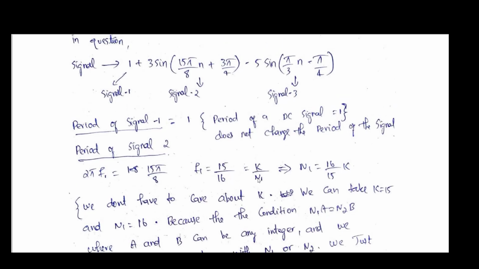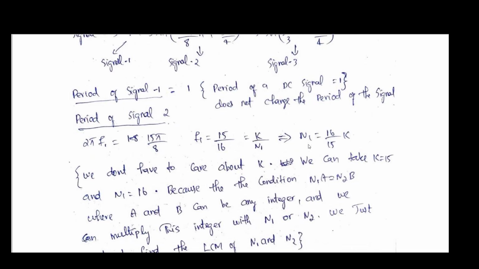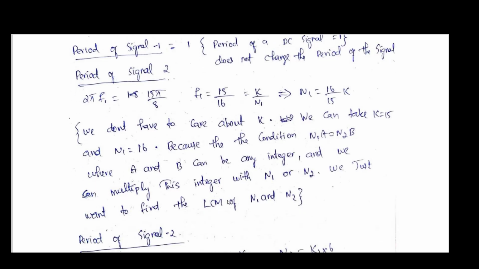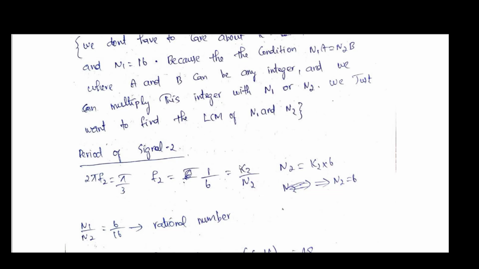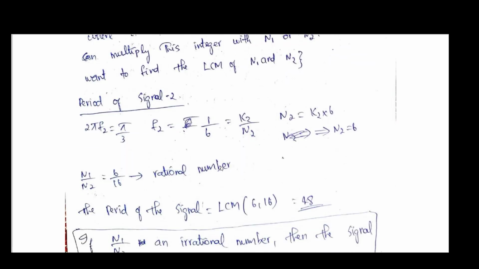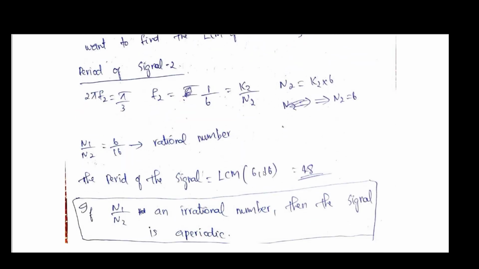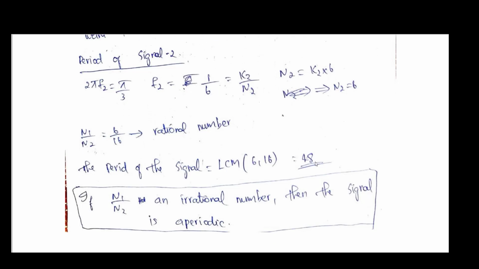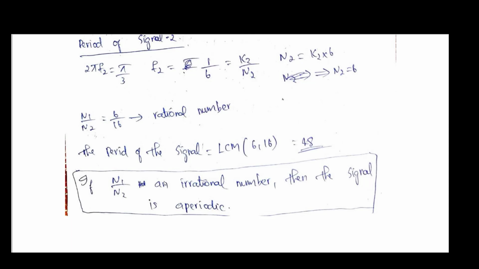From there we can get n, which should be an integer. If k equals 15, then n1 will be 16. Similarly, we solve for the second signal, find its time period, and then find the LCM of the two time periods, which is the time period of the total signal. This is the concept, and it is actually very simple.